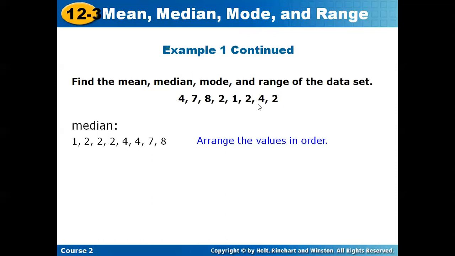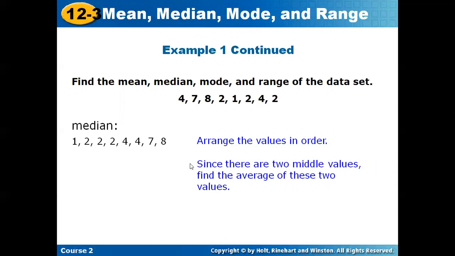We have 4, 2, and 7, 8. After arranging that one, there are two middle values here. Why are there two? Because our number of data here is 1, 2, 3, 4, 5, 6, 7, 8. There are 8 items already.